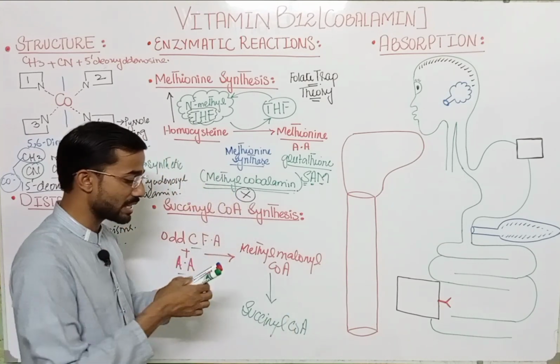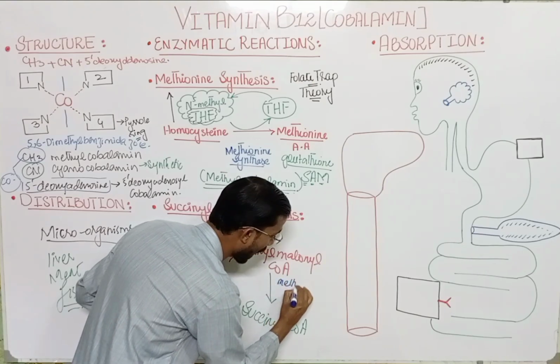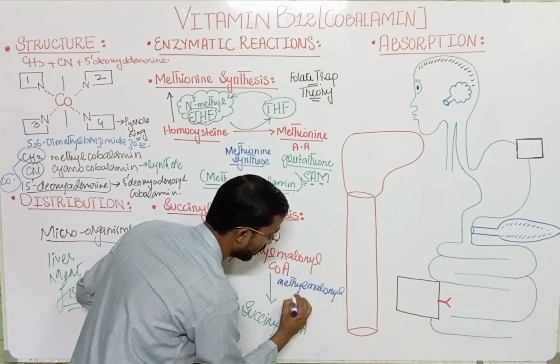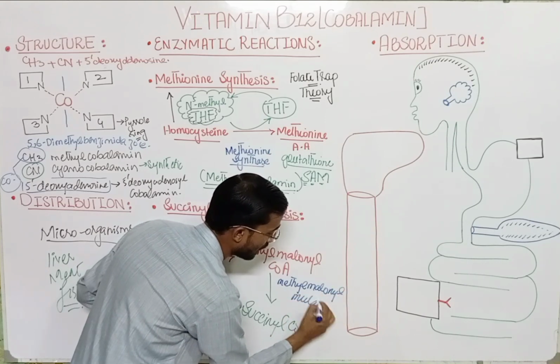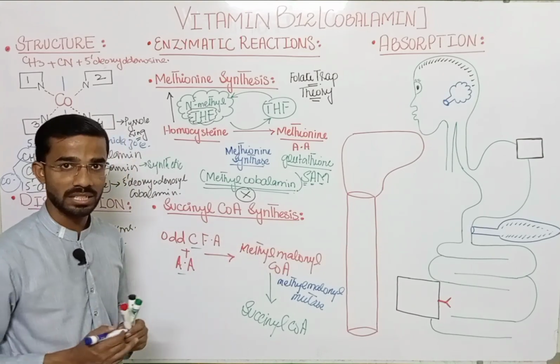This conversion happens in the presence of the enzyme methylmalonyl mutase. This enzyme converts the methylmalonyl CoA to the succinyl CoA.